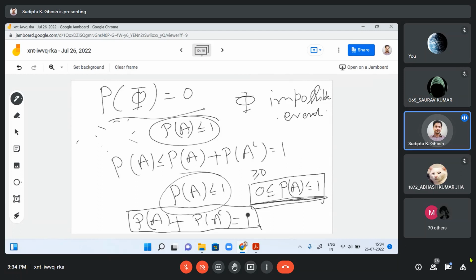So the probability of A complement will be what? It will be 1 minus the probability of A. We are going to use that very rapidly. Remember this line.